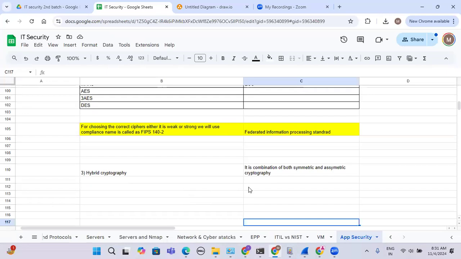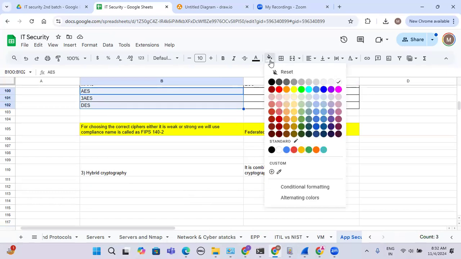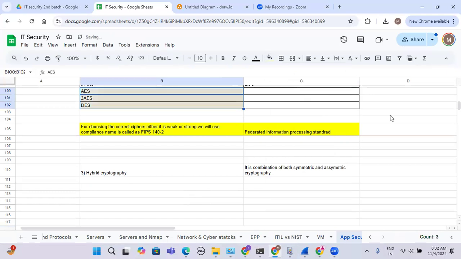As I said previously, whenever we are purchasing an SSL/TLS certificate, it contains both combinations. We can use AES, 3DES and DES, along with other combinations like Diffie-Hellman or RSA or ECC or knapsack or DSA. These are all algorithms we can use.